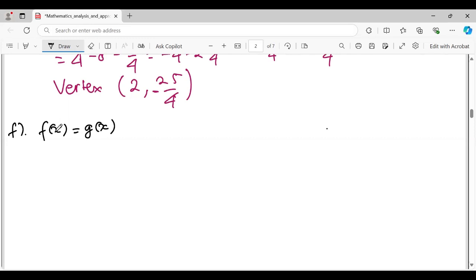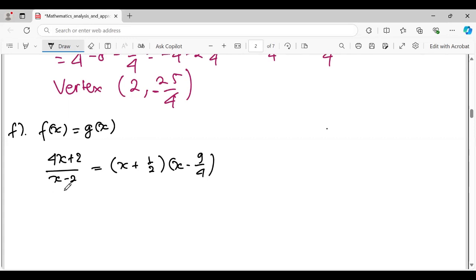So it means f(x) is (4x plus 2) over (x minus 2). It means (4x plus 2) over (x minus 2) equals g(x), x plus half, x minus 9 over 4.